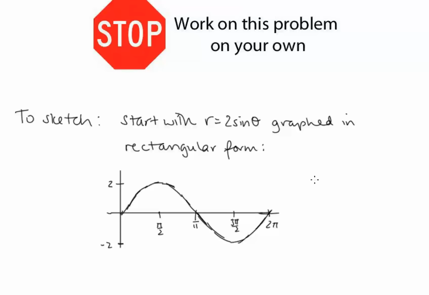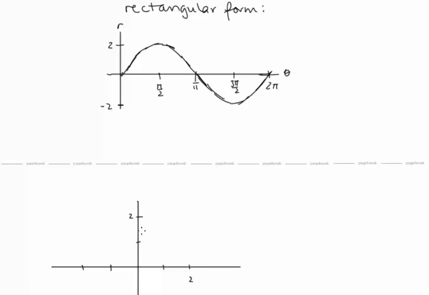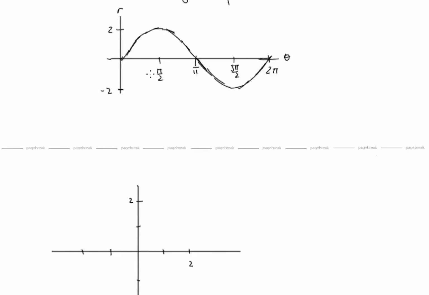To sketch the graph, we're going to start with r equals 2 sine theta graphed in rectangular form. Here we have r equals 2 sine theta, where this is our theta axis and this is our r axis. Now we want to translate this information into a polar graph. We notice here that we have theta equals 0 and r equals 0.